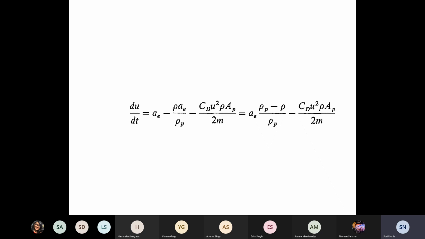The R stays within the square root and omega squared comes out. So the expression should be U subscript T is omega, and then under the root twice R, rho P minus rho, M upon AP rho P rho CD. This is the sister expression for the centrifugal force, the centrifuge.